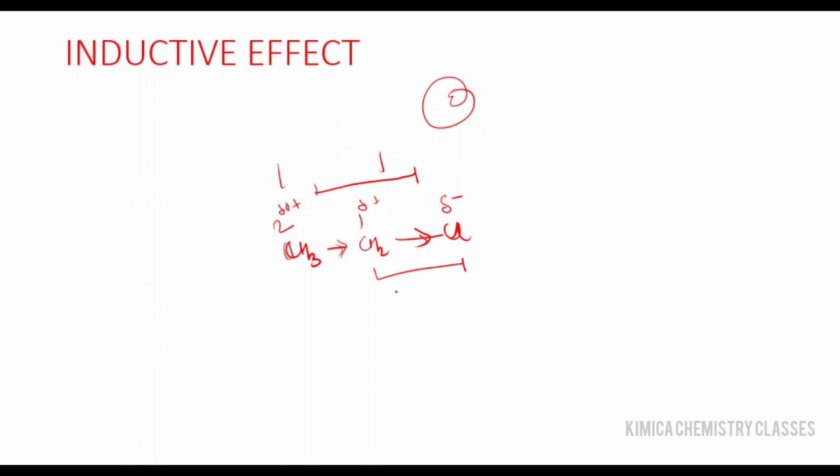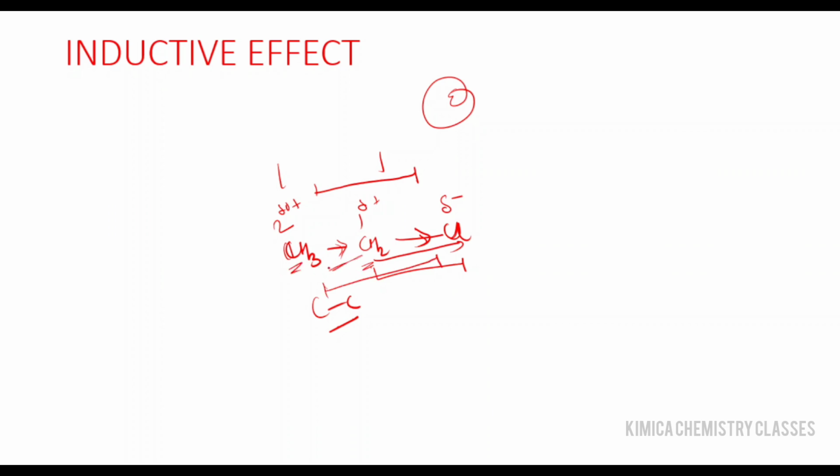In turn, carbon 1, which has developed a partial positive charge, draws some electron density towards it from the adjacent C-C bond. So we get double delta. Carbon 2 has a relatively smaller positive charge as compared to carbon 1. This atom, which is very close to Cl, gets more polarized as compared to this one because of the distance, right?